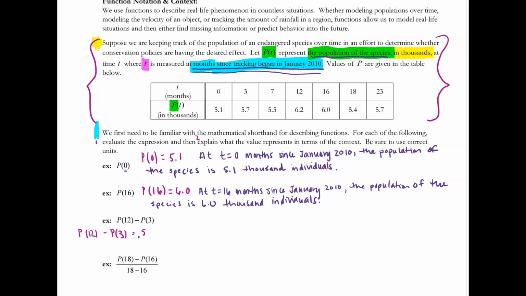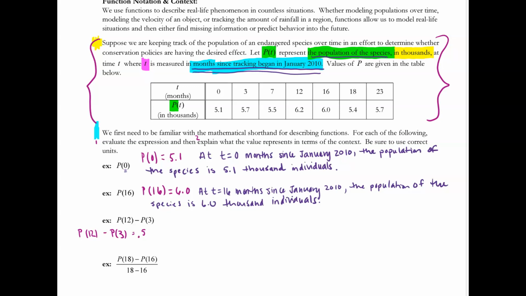We know that if there's a difference between two things, that means something is changing. We might find ourselves using the word change. We might find ourselves saying that it increased or it decreased, but we need to address between which 2 points in time that difference occurs. And we need to move time forward. So what I mean by that is I'm not going to say between 12 and 3 months.